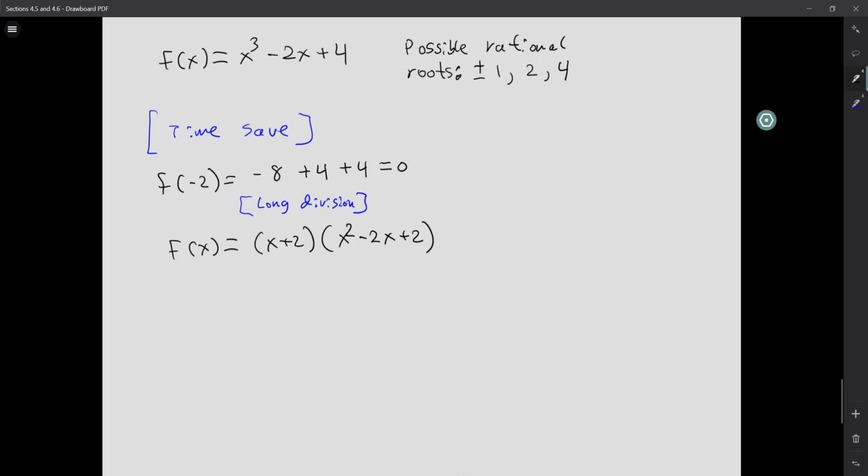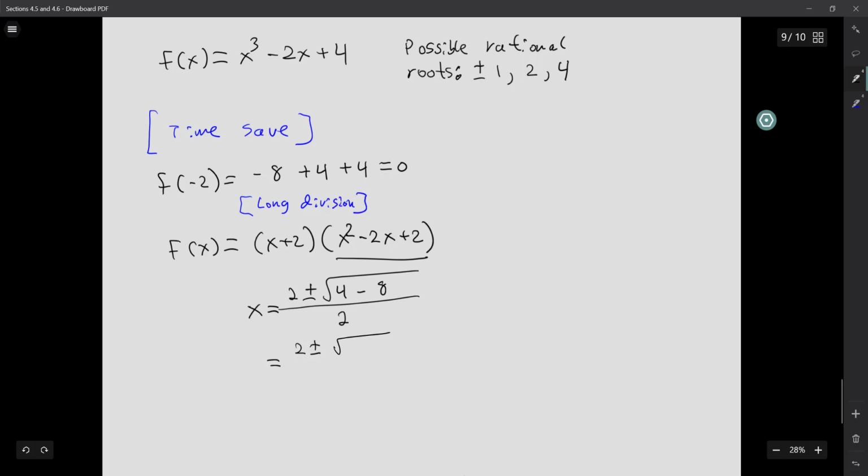So let's find out. I have x equal to 2 plus or minus the square root of 4 minus 4 times 1 times 2, minus 8, all over 2, which works out to 2 plus or minus the square root of minus 4 all over 2.